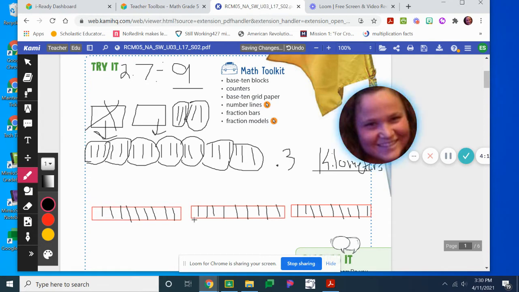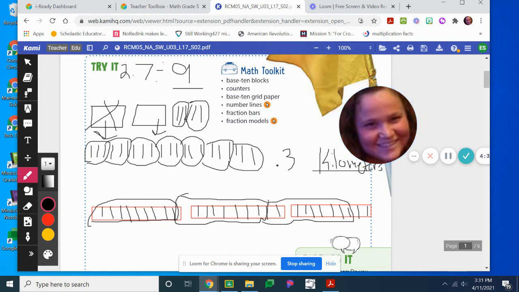Okay, so I've got 27 and I'm dividing it by groups of 9. So let's say this is one group of 9. And I need part of this to make the next group of 9. And then 2, 3, 4, 5, 6, 7, 8, 9. There'd be 3 left over there.